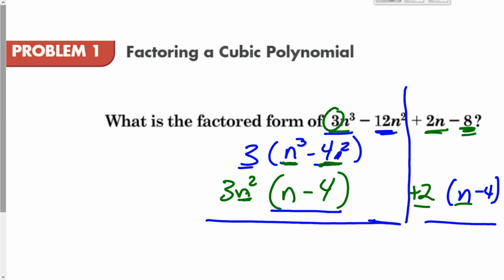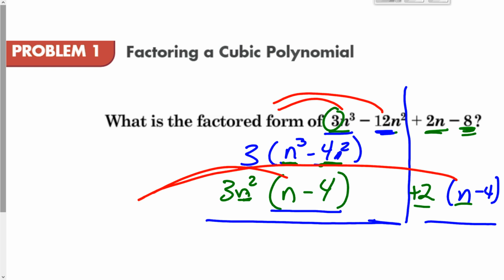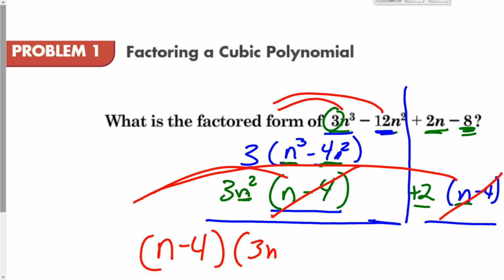All right, now we're going to factor what is the same on this left side and this right side. They should always share this binomial in parentheses, so you're going to factor that out. Just like you divided by 3, you factored 3 out of here, right? We're going to factor out an n minus 4, and it's going to come out, so we get n minus 4. And then since that comes out, that's gone, and what's left is a 3n squared plus 2.